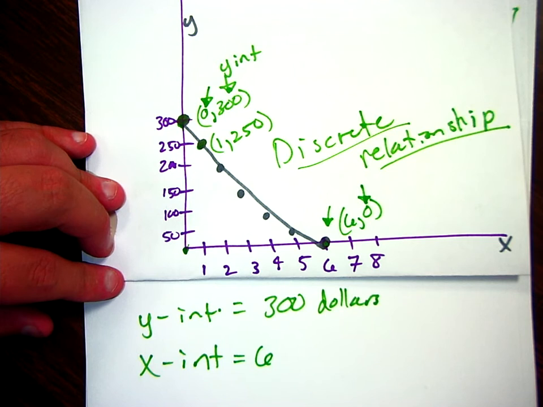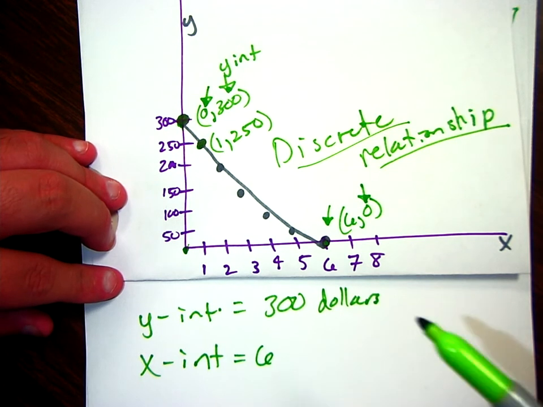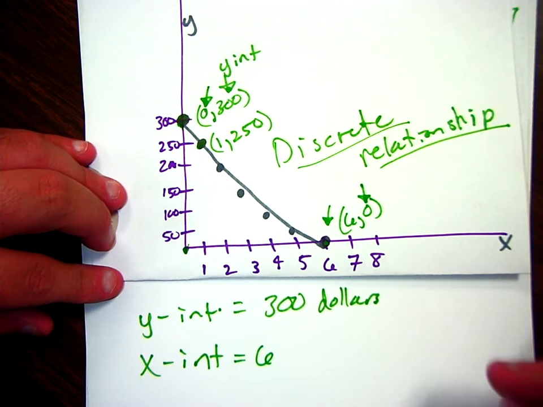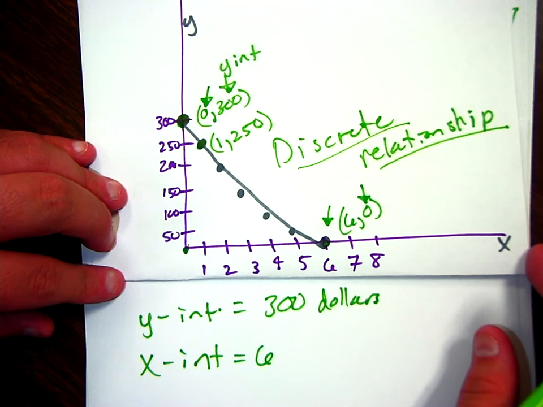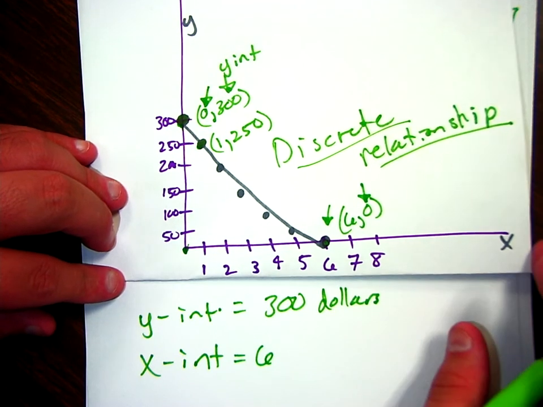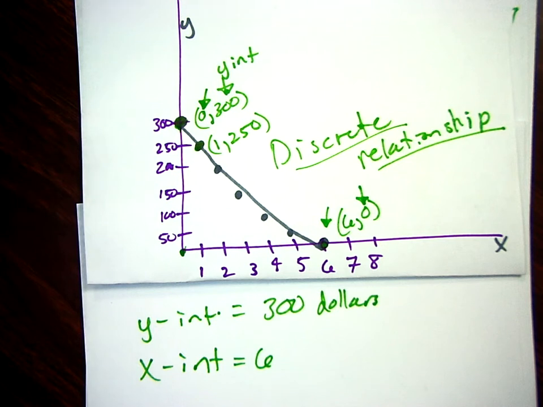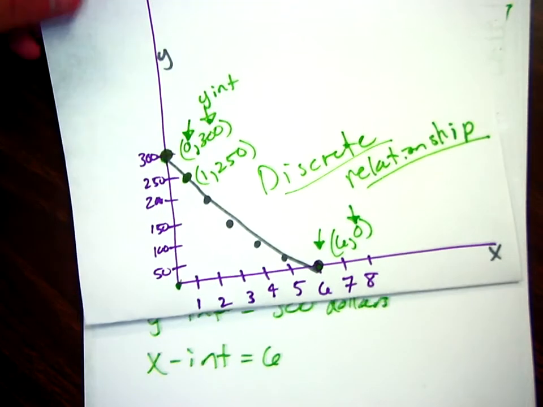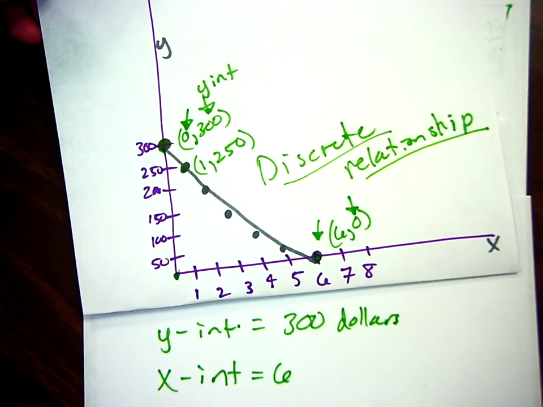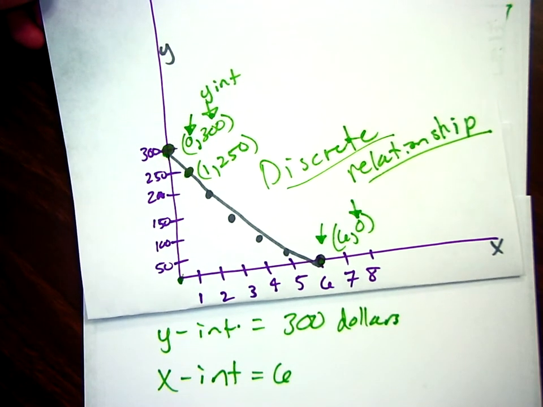When y is 0, I'm on the x-axis. And that is all of the key features for that situation. It's a lot of information, but being able to pick all this out gives us a lot of intuition and understanding of the situation. Okay, so let's go to the next example here.